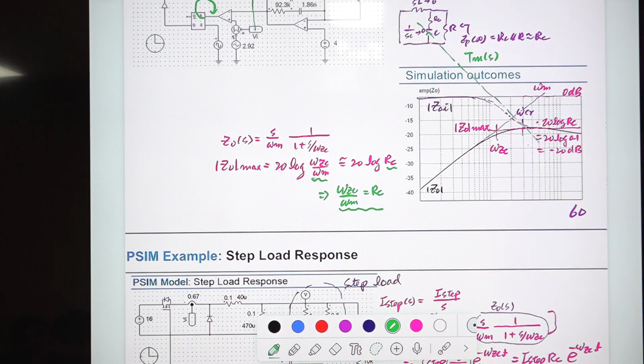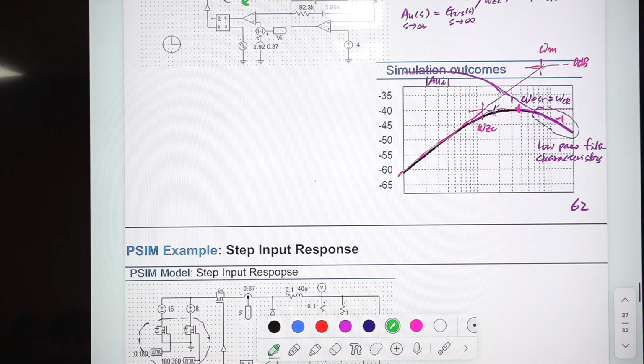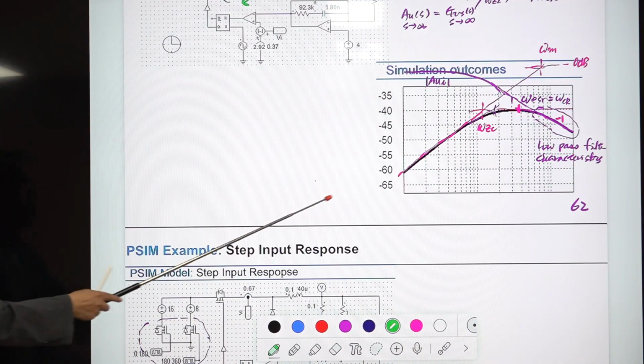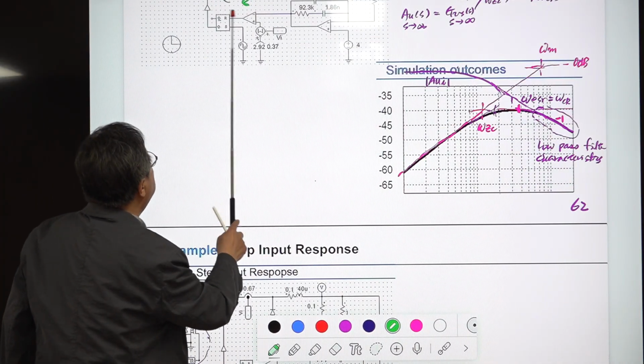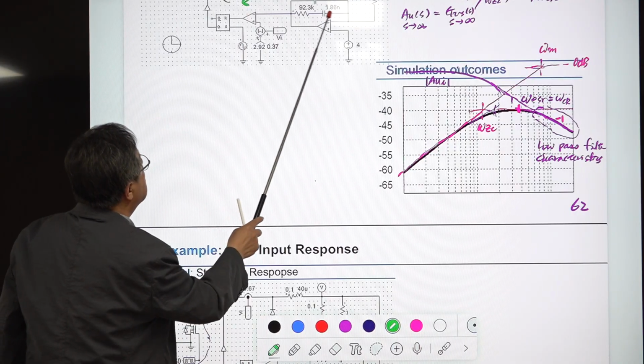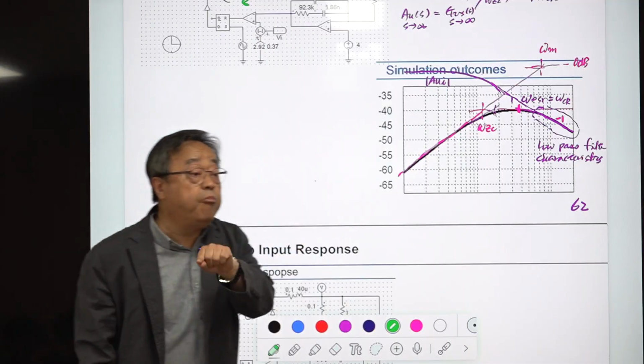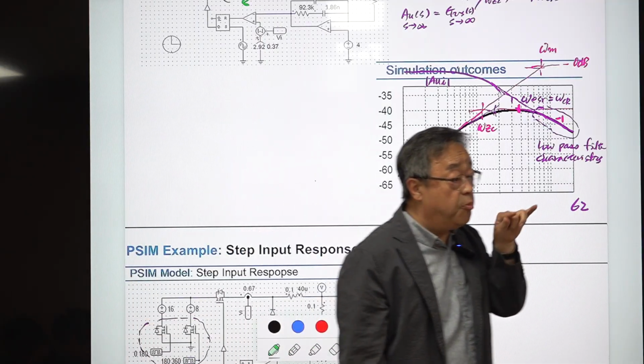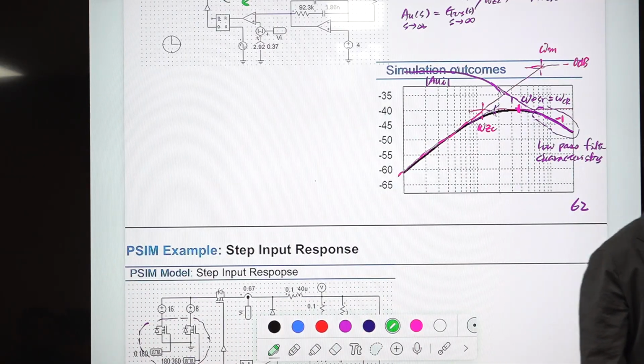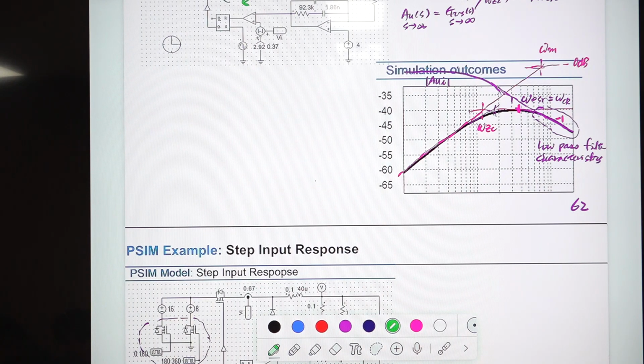Why is that? At high frequencies, the current loop becomes very small, and this Tm becomes very small. That becomes the input to output transfer function of the open loop power stage. What is that? That is a low pass filter. So this low pass filter characteristic should come out at high frequency. If you have any other kind of characteristic, that is absolutely wrong.